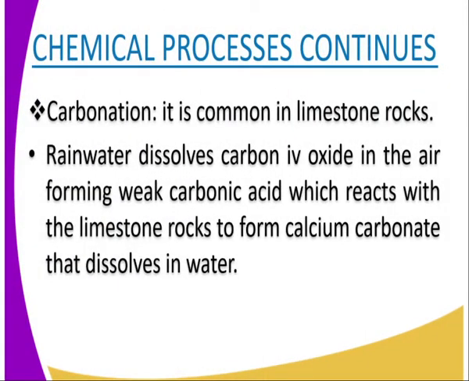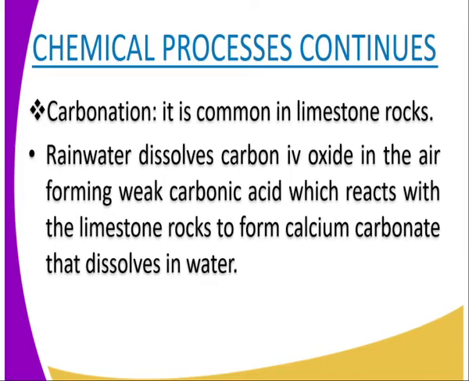The third one is carbonation. Carbonation is a chemical process that takes place in limestone rocks. Rainwater dissolves carbon dioxide in the air, forming a weak carbonic acid, which reacts with the limestone rocks to form calcium carbonate that dissolves in water.